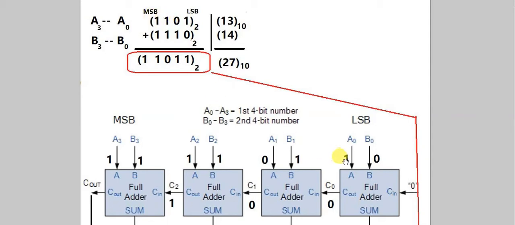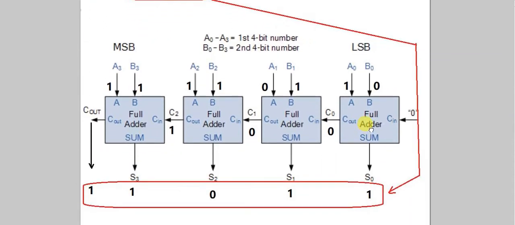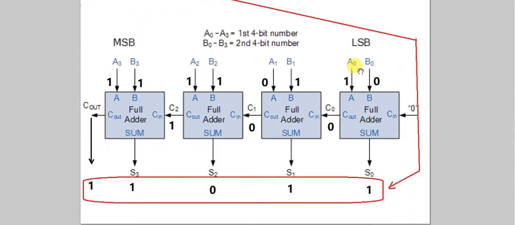Now the full adder adds: 1 plus 0 is 1, sum is 1, carry is 0. 0 plus 1 is 1, sum is 1, carry is 0. 1 plus 1 means the sum is 0, carry is 1.